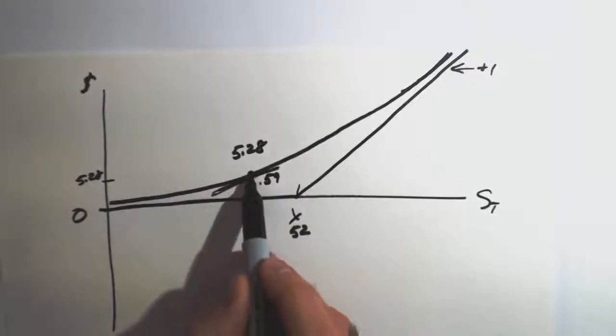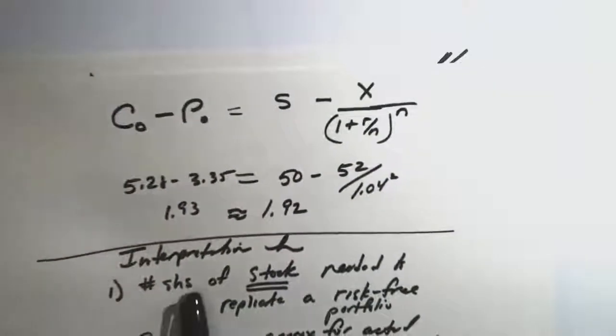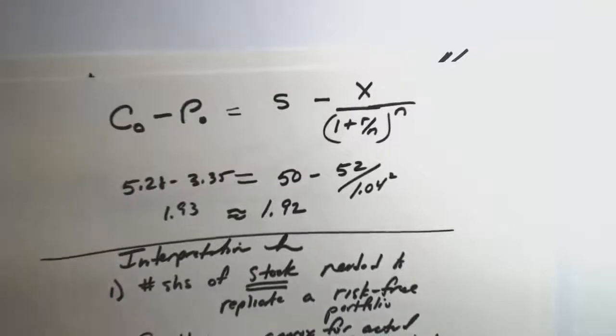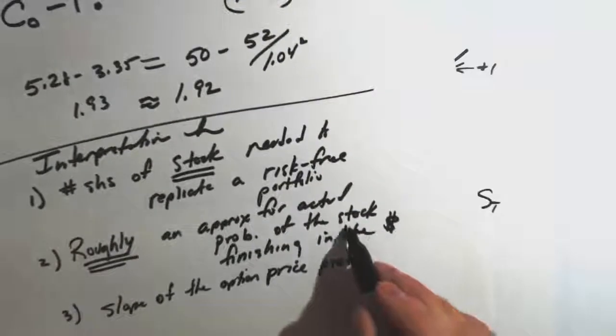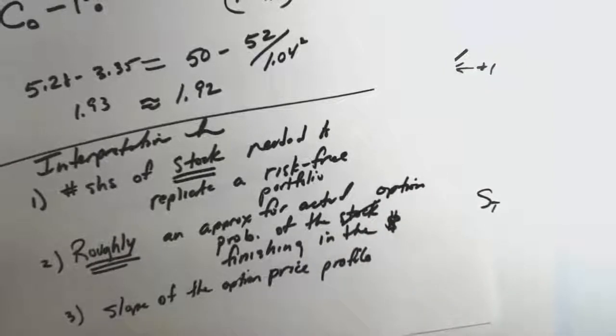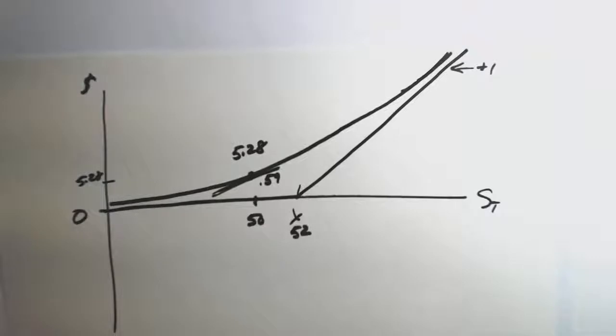So there you have it. You have three neat interpretations. It's the number of shares for replication of the stock. It's roughly an approximation for the probability of the option finishing in the money. Well, I should say, it's really the option finishing in the money. And then it's the slope of the option price profile.